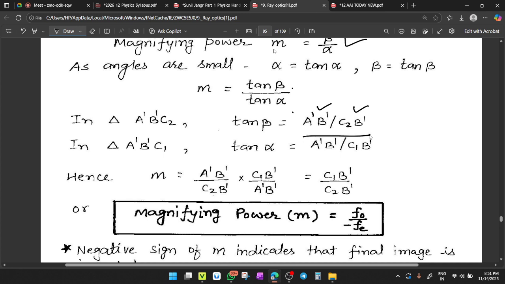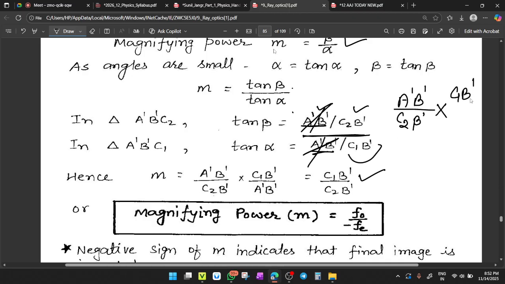Now by dividing both, tan beta upon tan alpha equals A'B' upon C2 B', and this division converts into multiplication with the lower part turned upside down: C1 B' divided by A'B'. Now both A'B' cancel out and you have C1 B' upon C2 B'. Clear or not?